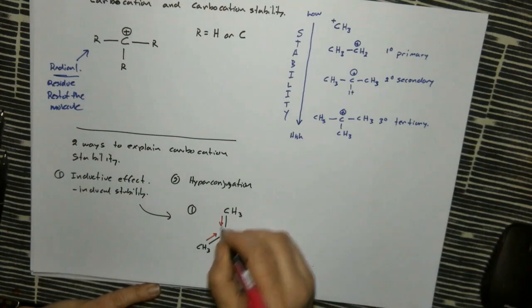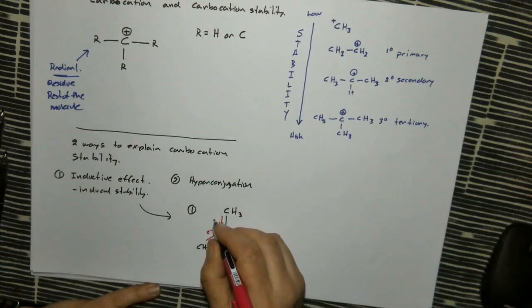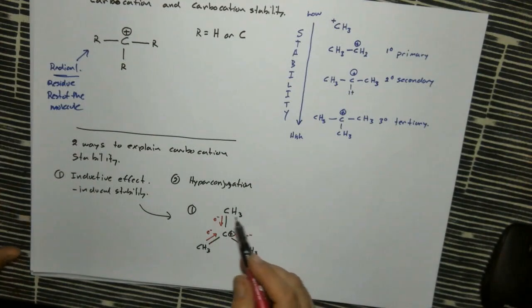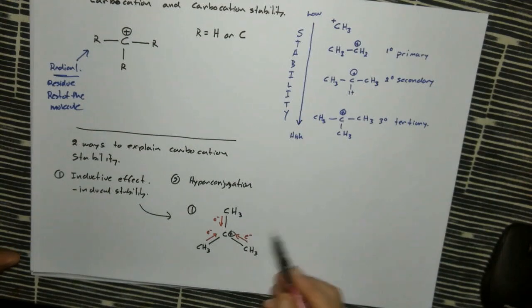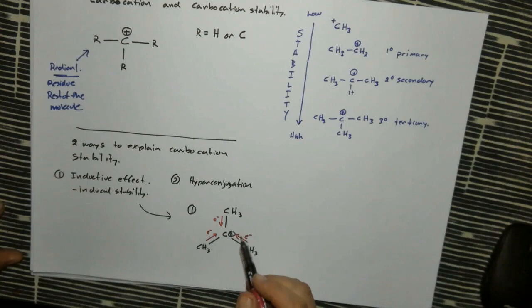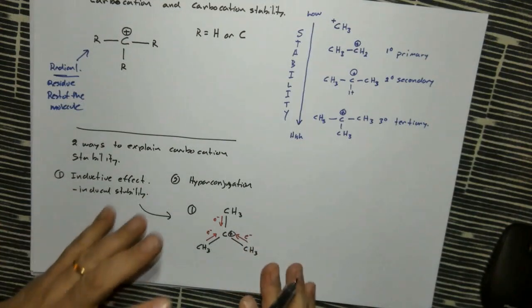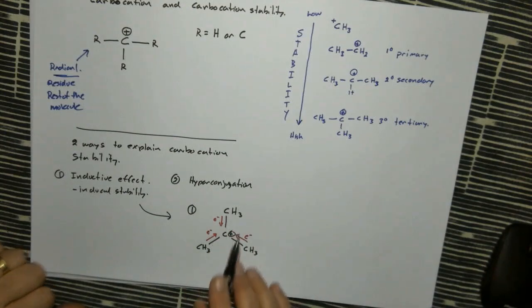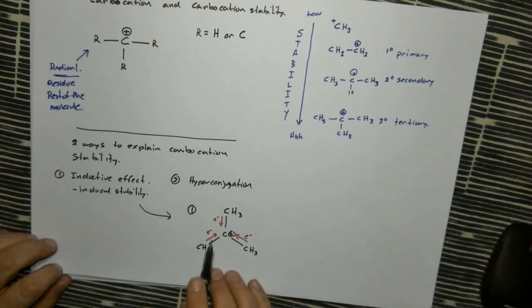And when it attracts the electrons from its neighbors, the more neighbors it has, the more stable it's going to be. If it has few neighbors, then this will not be a stable situation. There won't be enough electrons on the adjacent atoms or groups of atoms in order to stabilize the positive charge.